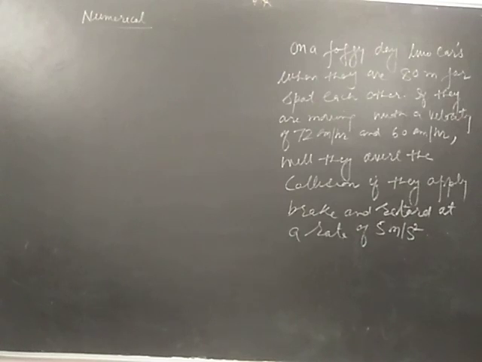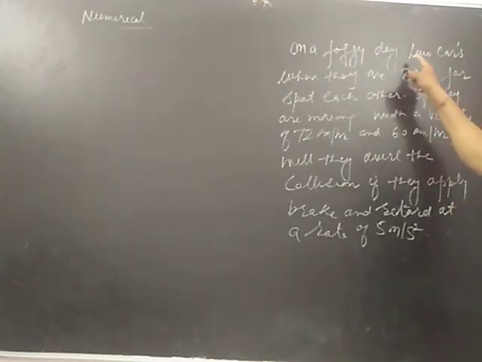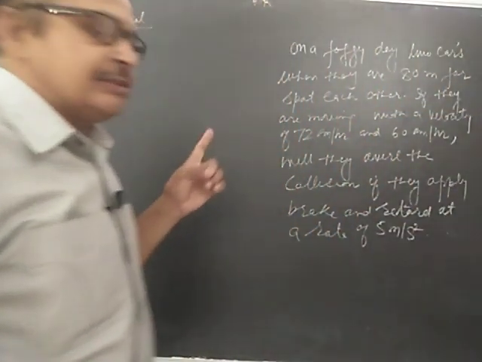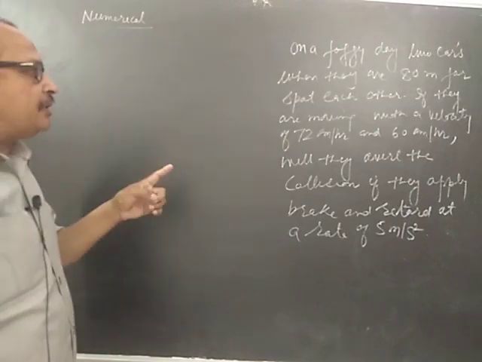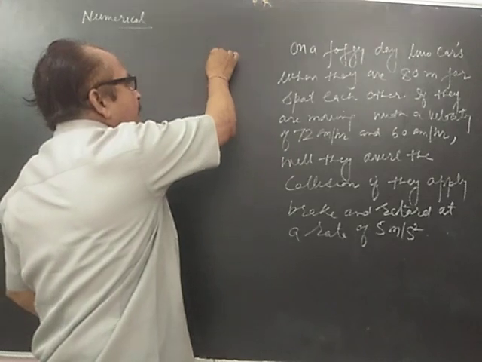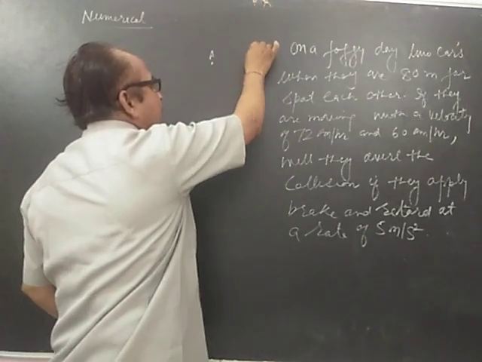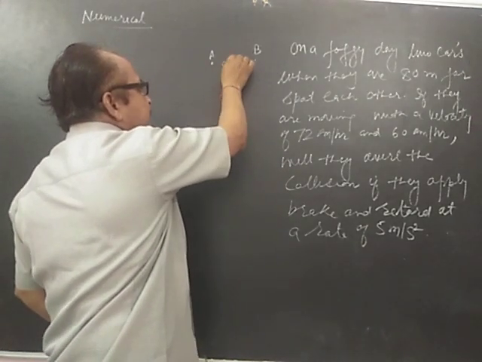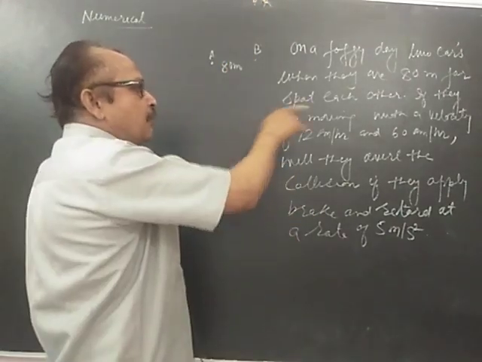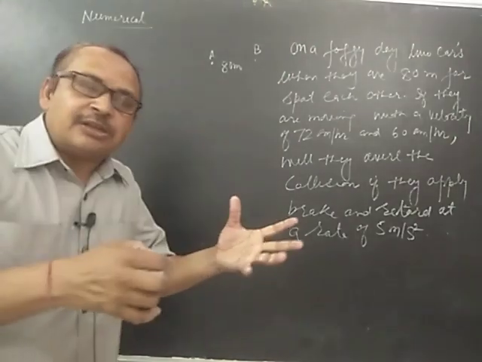So dear friends, once again there is a question on the board, you can read it out. On a foggy day, there are two cars, car A and car B. When they are 80 meters far, they spot each other, that means they see each other immediately.